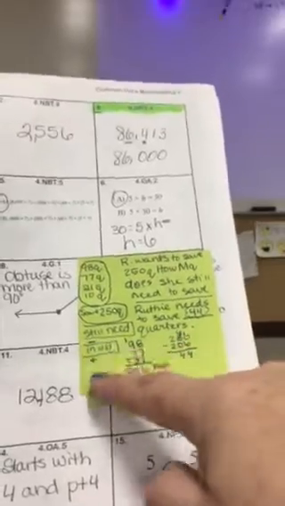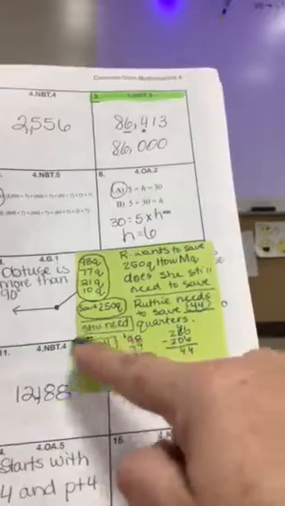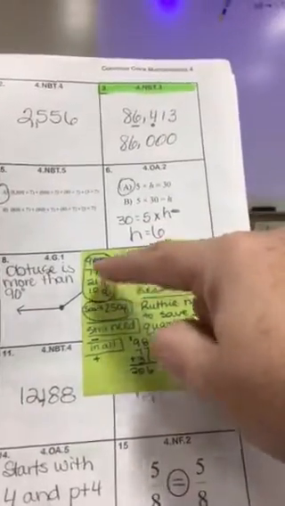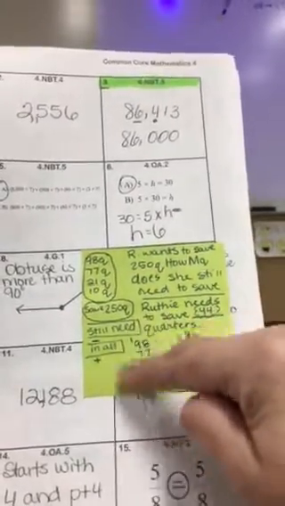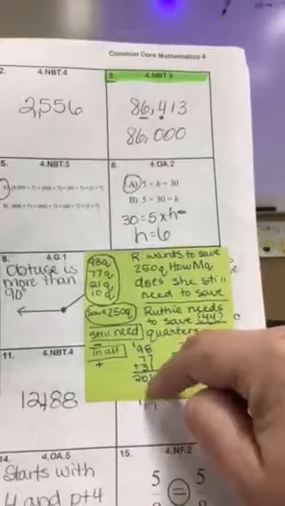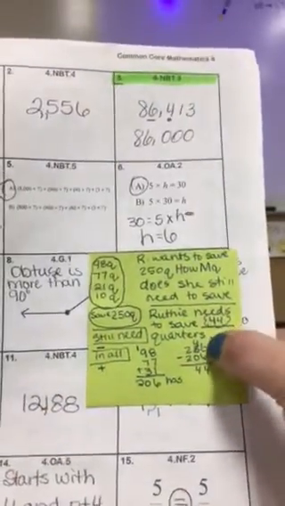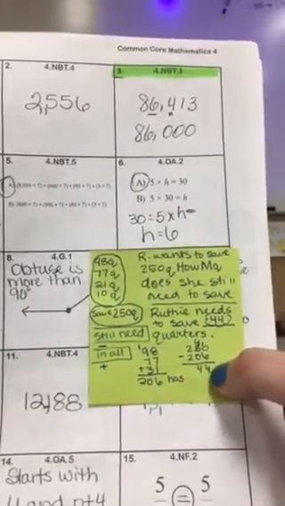We talked about some of the important words being still need would mean to subtract, and in all would be to add. So we took all of our data that we had here. We combined 21 and 10, which would be something that you could change any of the numbers to. She needed to save 250, so we took a total of 250, subtracted what we had, and came up with that she needed 44.